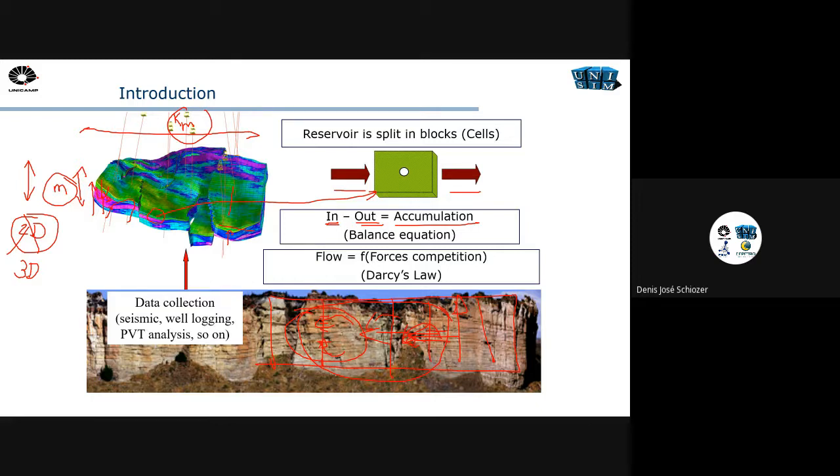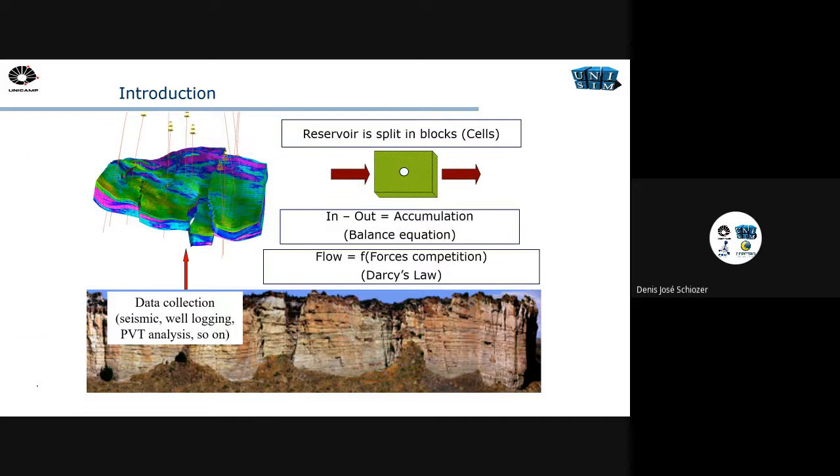And first of all, we have to understand the physical behavior, why the fluid is moving. So basically, in our basic equations, the fluid is moving because of difference in pressure and gravity. So just take this.